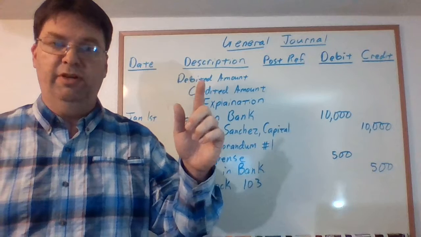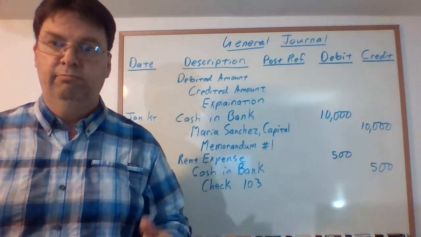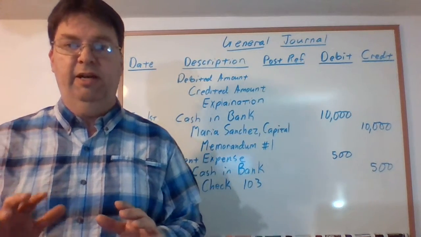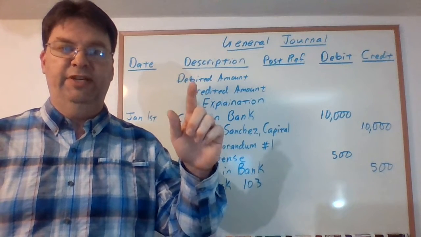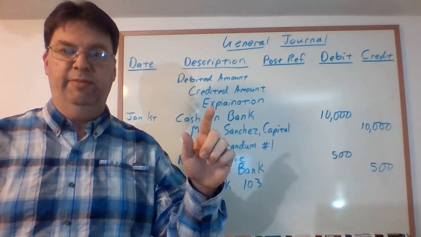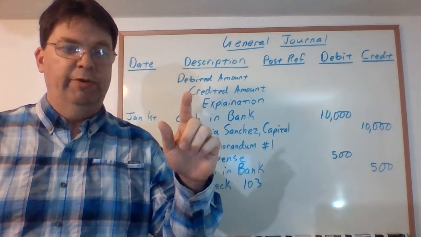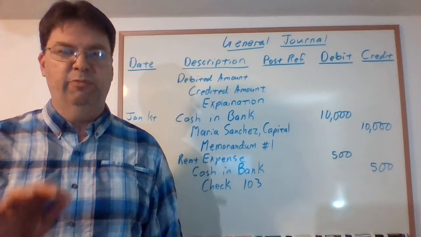What if you have 3 debits and 2 credits for the same entry and one source document? That could happen. We're not going to get that complicated. Mostly we're just going to have 2 entries, a debit, a credit, and a source document or explanation. Maybe the book will throw in one time where you have 2 debits and a credit and a source document, just to let you know we could do that.